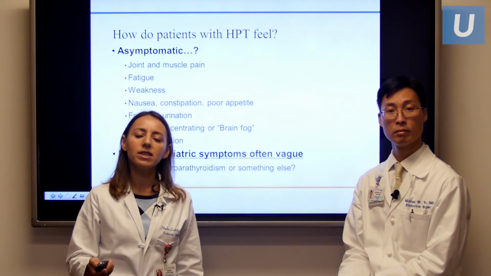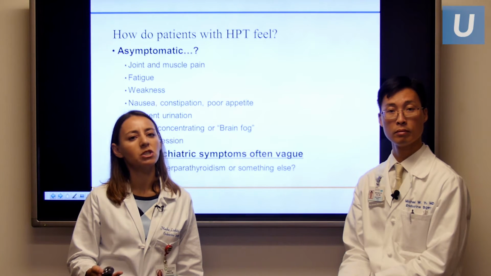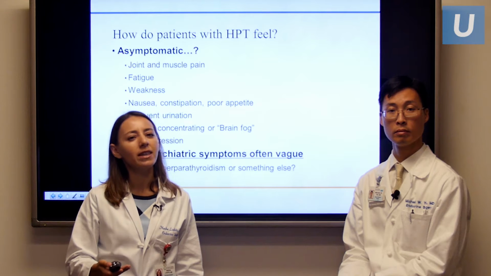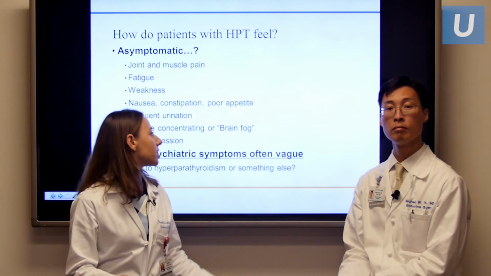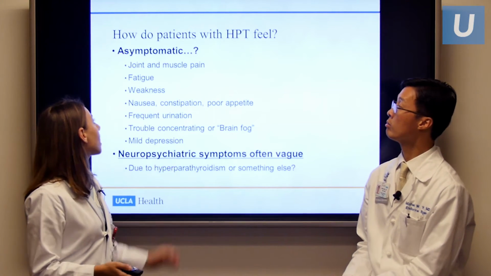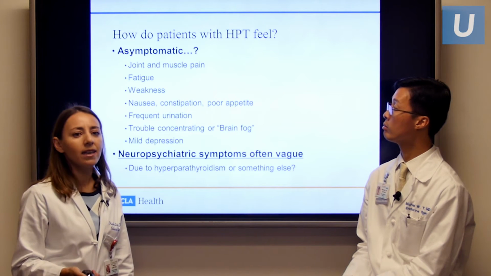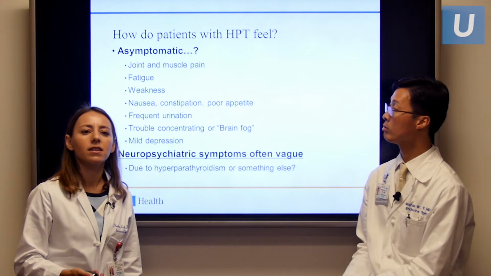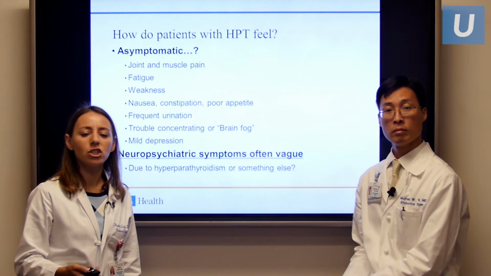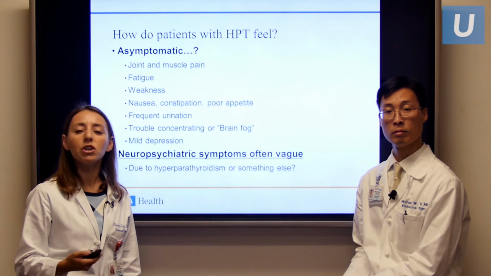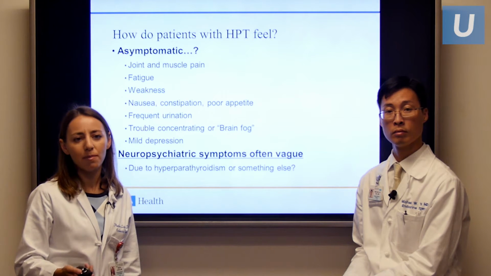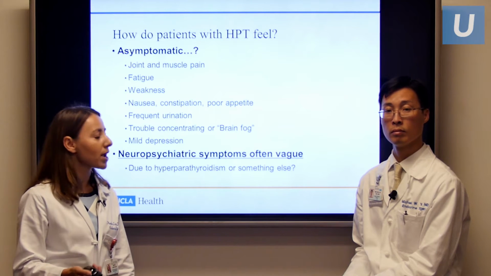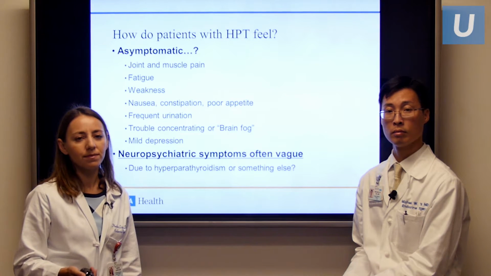The first reason is that when you actually talk to a lot of patients with hyperparathyroidism, some will be asymptomatic, but a lot of them will have these other vague symptoms that are listed here on the slide. A lot of them will have joint and muscle pain, fatigue or feeling really tired, some weakness, trouble eating, constipation, poor appetite, frequent urination, having to get up at night to go to the bathroom, trouble concentrating, or what a lot of patients will refer to as brain fog, and mild depression.